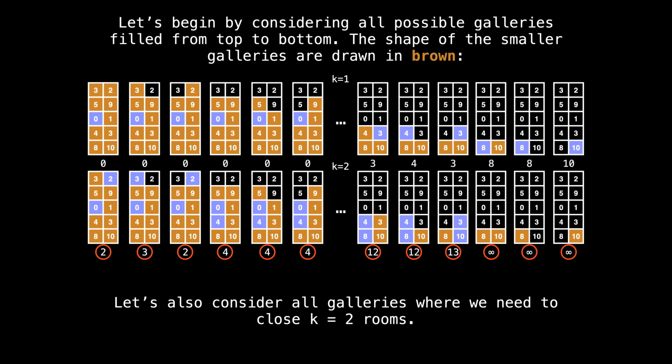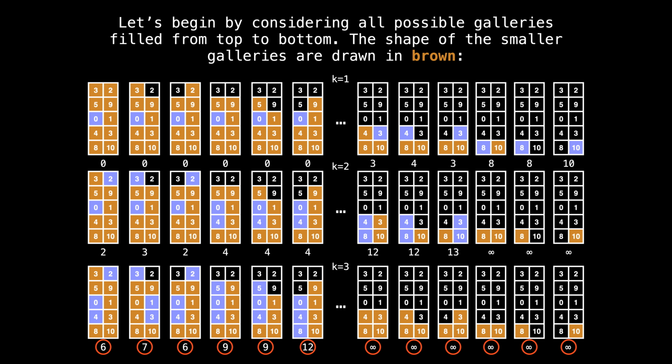Here you can see the optimal solution where we require 2 rooms to be closed. First, note that the bottom rightmost galleries have an optimal solution of positive infinity. That is because there is no solution which involves closing 2 rooms for those galleries, either because there are not enough rooms or closing 2 doors would block a passage through these smaller galleries, which we do not allow. And similarly for k equals 3, and so on.